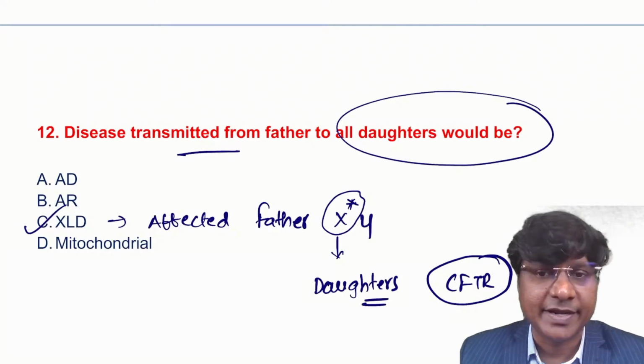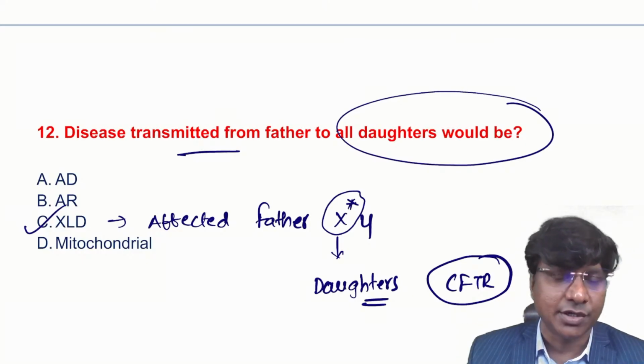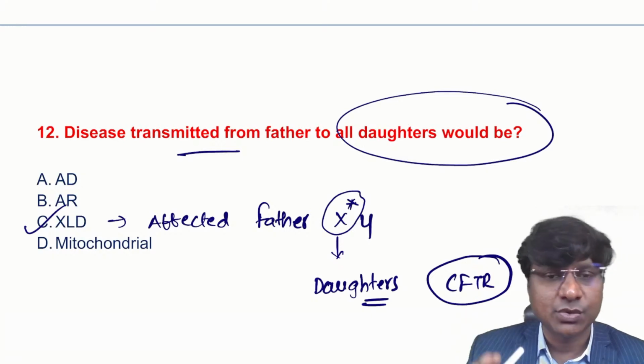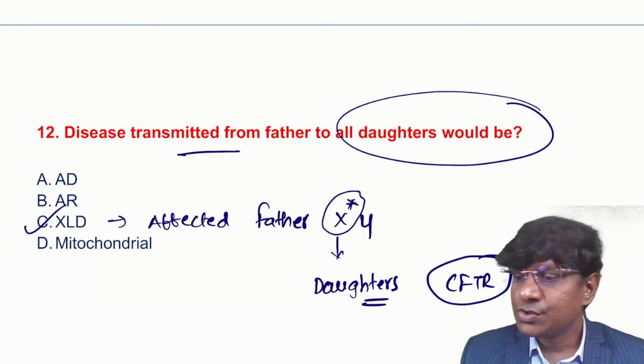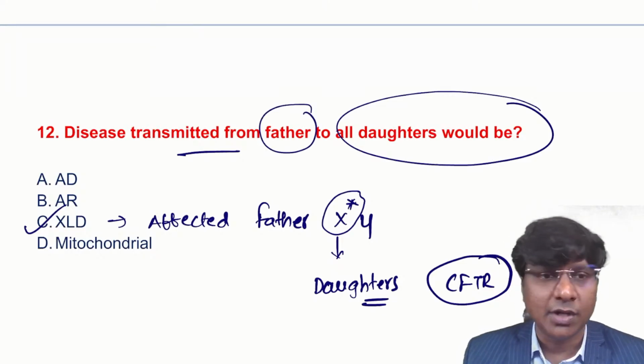The affected father gives only X to all daughters, so the defective X will go to all daughters. Okay. So it is your X-linked disease. If the father has this, then that will go to all the daughters.